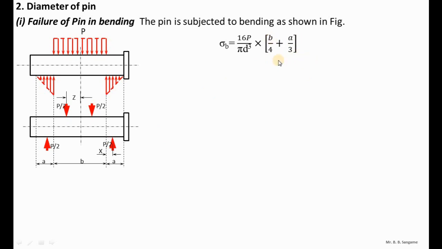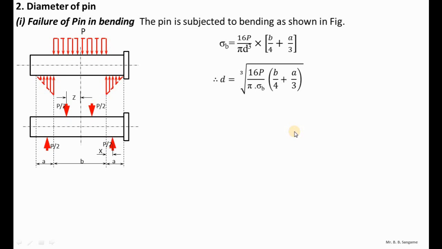Okay, so let us convert this equation in terms of diameter of pin. D is equal to cube root of 16P divided by pi into sigma B into B by 4 plus A by 3. So right now we don't have the value of sigma B because in the problem sigma B is not given.